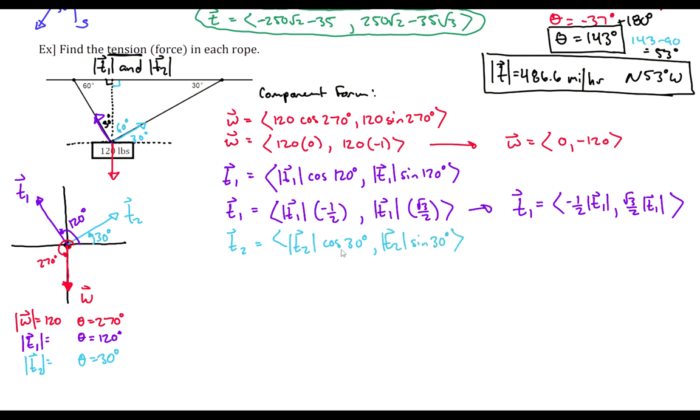And to save some space, cosine of 30 is radical 3/2. I'm just rearranging. So cosine of 30 is radical 3/2, and then the magnitude of T2, comma, sine of 30 is 1/2 the magnitude of T2. There we are. Okay, so those are our 3 vectors in component form.